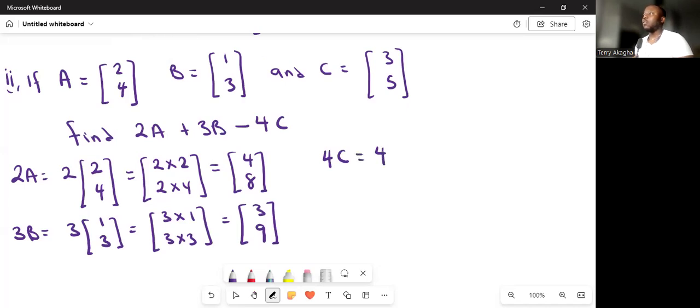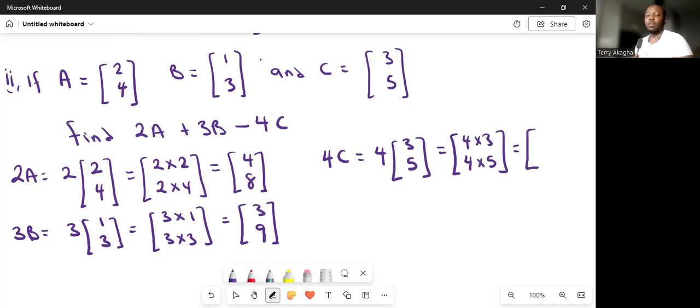Okay. Then the next one is 4C. It's 4 into bracket, C is what? 3 and 5, which gives us 4 times 3 and 4 times 5. 4 times 3 gives you 12, and 4 times 5 gives you what? 20.